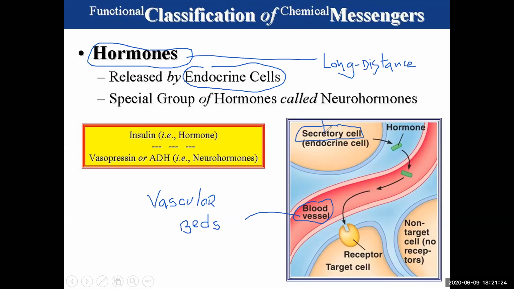For example, the secretory cell can be from your anterior pituitary gland at the base of your brain. I hope you remember where the anterior pituitary gland is.